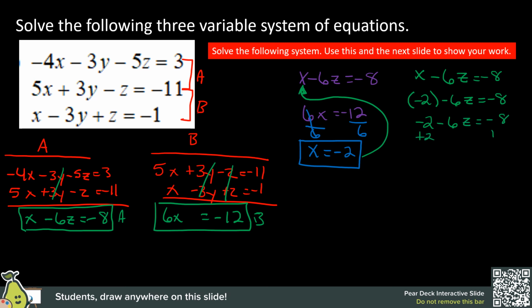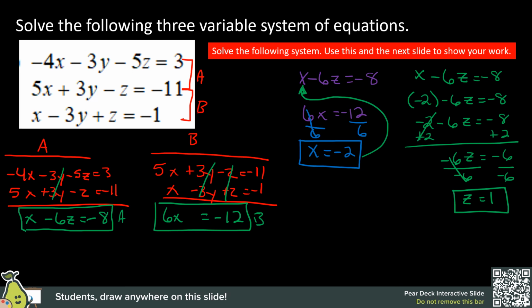We'll add 2 to both sides. So we get negative 6z equals negative 8 plus 2, which is negative 6. Divide both sides by negative 6. I get z equals negative 6 over negative 6, which is 1. Okay? And so I have x, I have z.